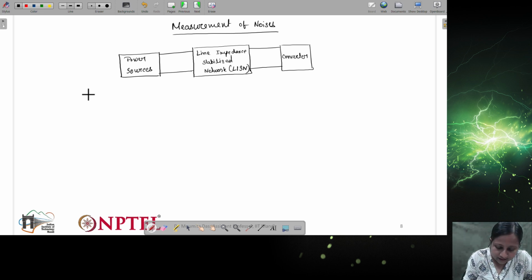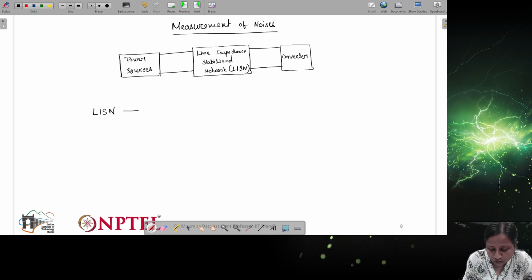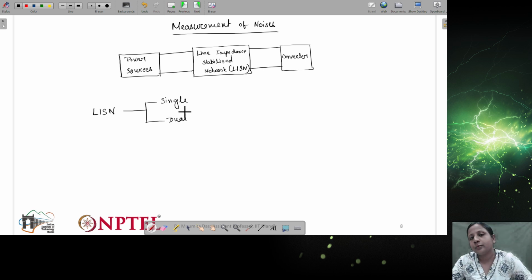This LISN can also be single or dual. If it is single, then generally it will be connected to either one of the lines, positive or negative, and ground. And if it is dual, then it will be connected to both the lines and ground.